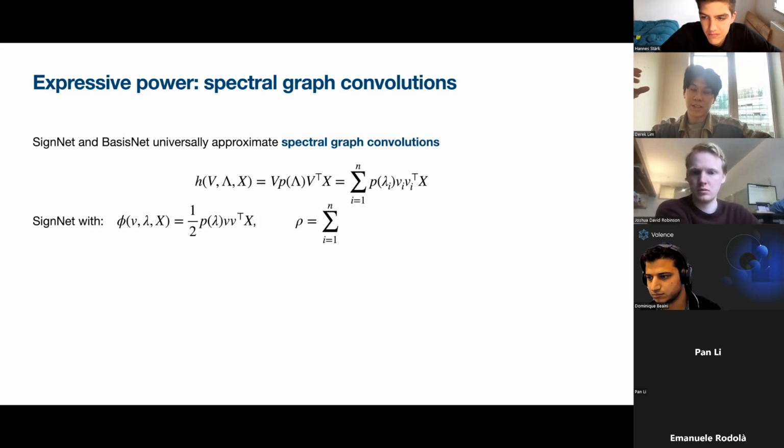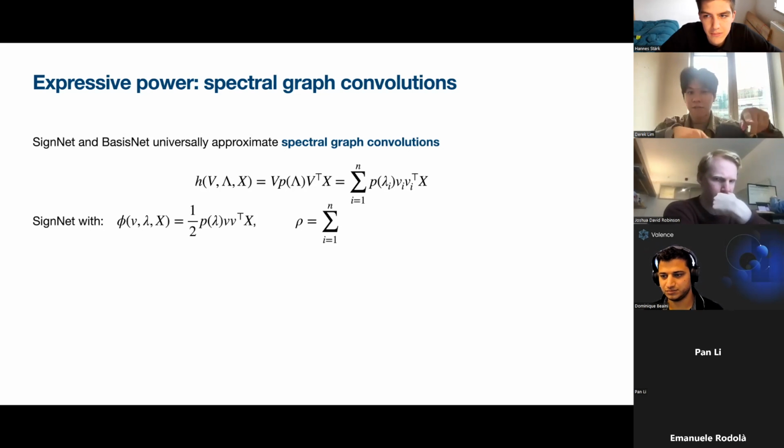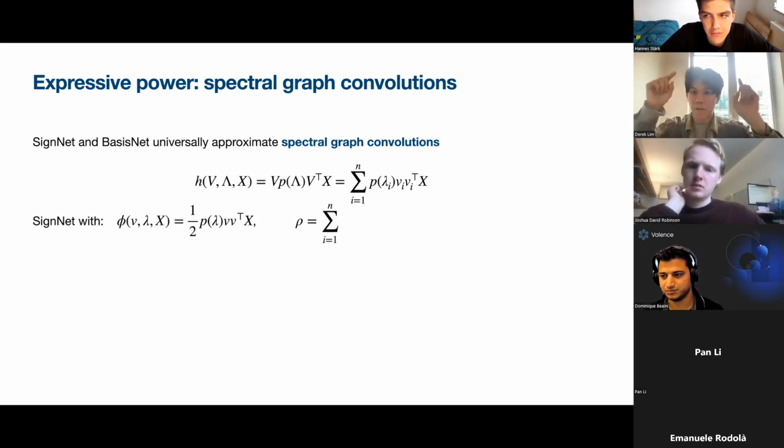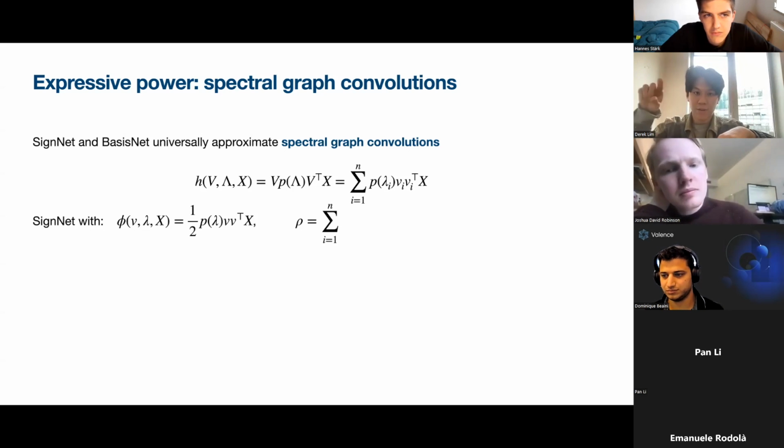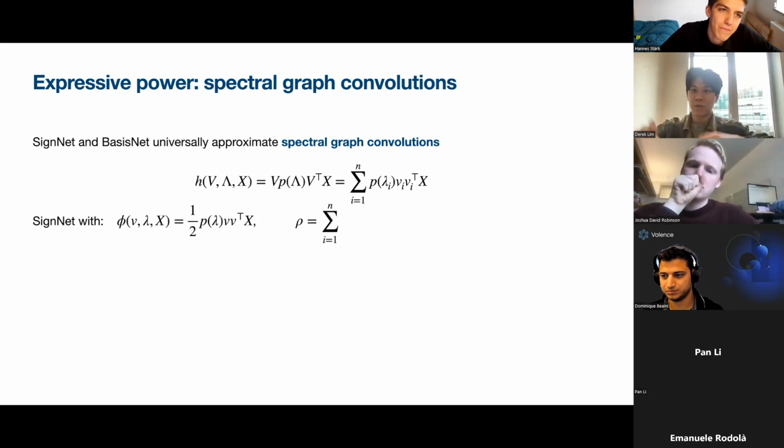But what we see is that SignNet and BasisNet can universally approximate any single spectral graph convolution, and it does so in a very simple way. In a SignNet, you just make the phi equal to that thing and the rho equal to a sum. It's a very nice, simple function, intuitively.